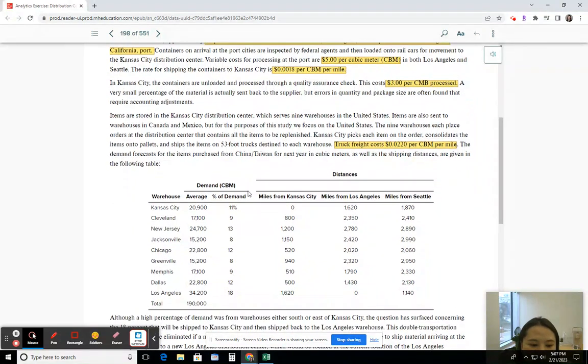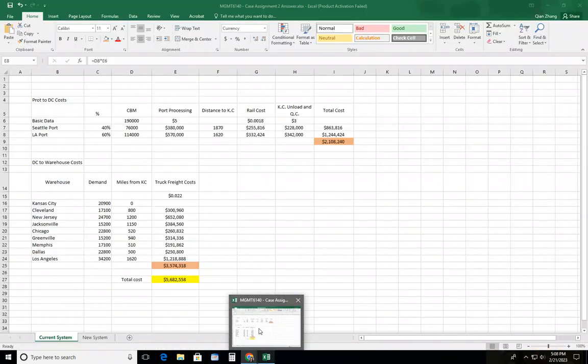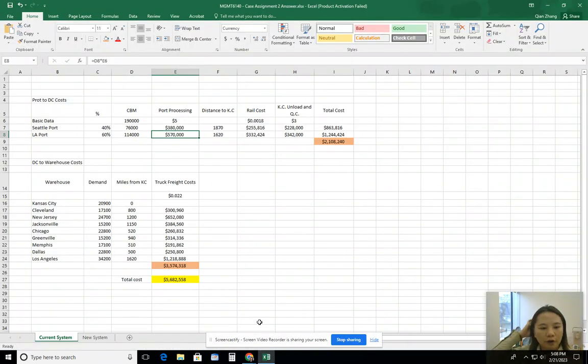Let's go back to the Excel file here. The distance from Seattle to Kansas City is 1,870 miles, while the distance from LA to Kansas is 1,620 miles, and the rail cost is 0.0018.